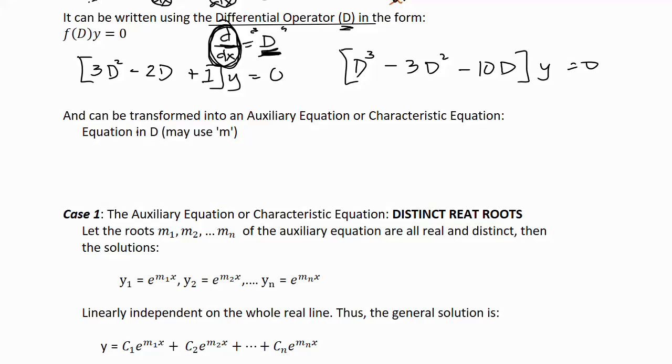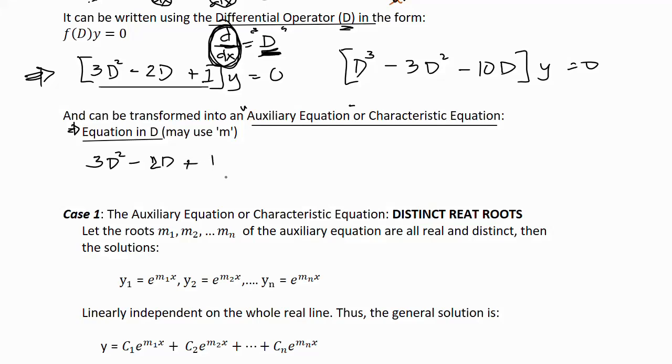And also, we can transform this equation further into what we call the auxiliary equation or the characteristic equation. This means that this auxiliary equation or characteristic equation is an equation in D. So the equivalent auxiliary equation is 3D squared minus 2D plus 1 equal to 0.